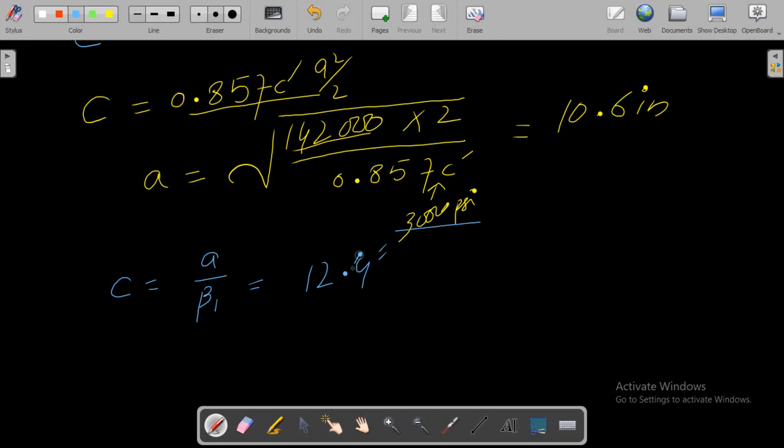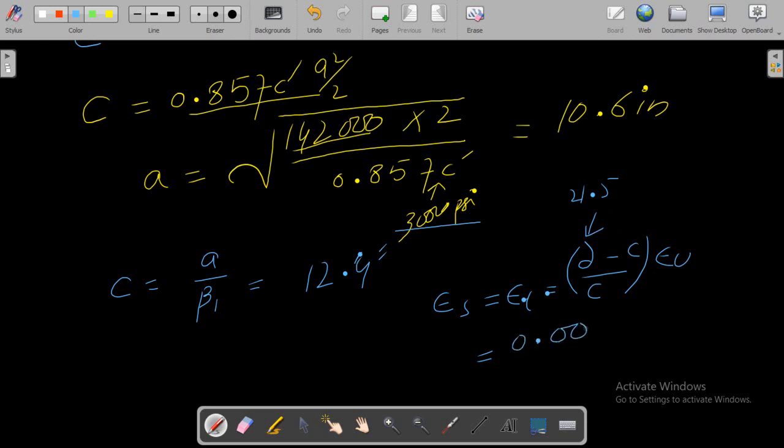Once you get this, we can easily find the strain epsilon s, which equals epsilon t because there is one layer of steel: d minus c divided by c times epsilon u. Plugging in all the values, d is 21.5 inches, we know c, and we know epsilon u, that is 0.003. From this we got 0.00220. This is my epsilon t value.